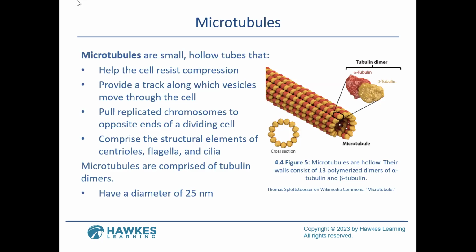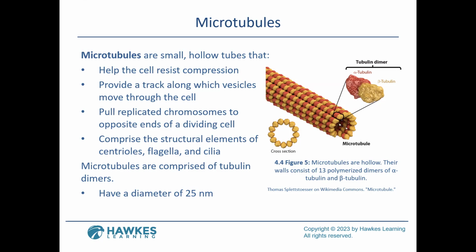Microtubules are small, hollow tubes that help the cell resist compression. They provide a track along which the vesicles move through the cell. They pull the replicated chromosomes to the opposite ends of a dividing cell.